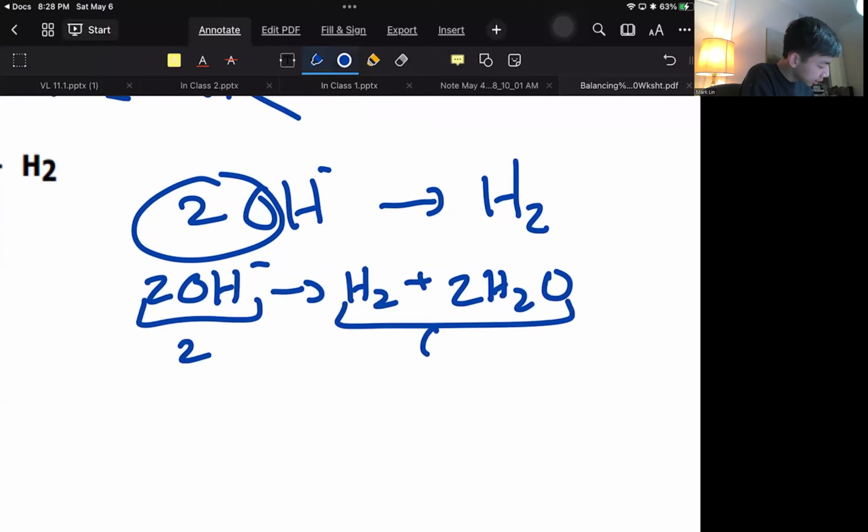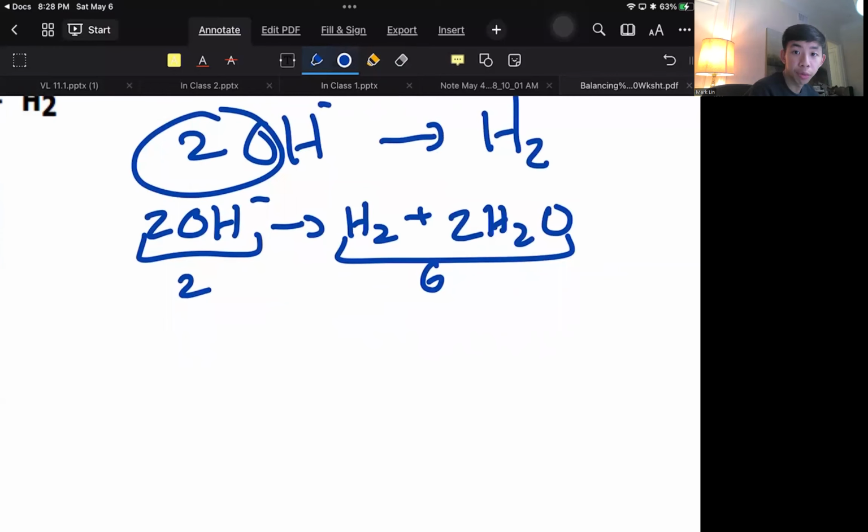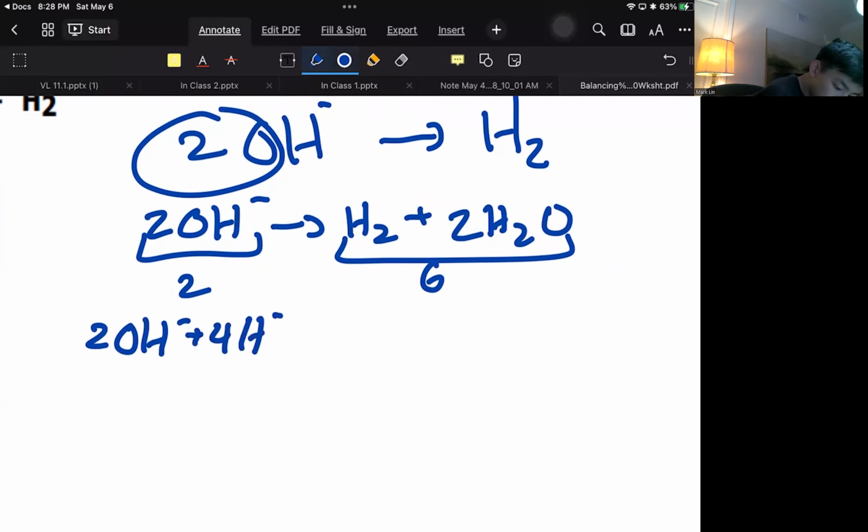This side has six. Four plus two is six. So on the reaction side, we need to be adding four hydrogens. So two OH minus plus four hydrogens can give us H2 plus two H2O.